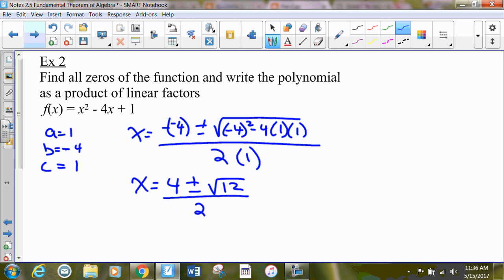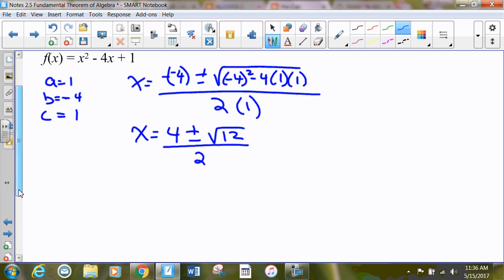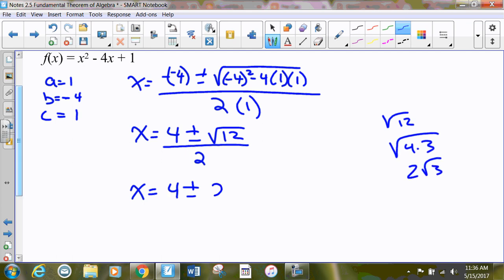We want to go ahead and simplify that square root of 12, right? We know that square root of 12 is the same thing as square root of 4 times 3, which is the same thing as 2 square root of 3. But we're good at that. We've been practicing that in class, hopefully.